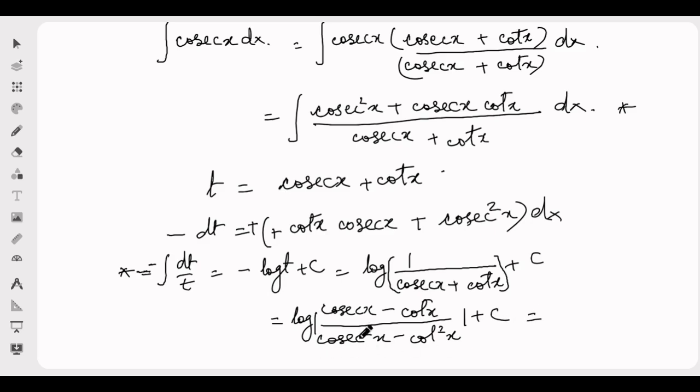Now cosec square x minus cot square x is 1. So you will get log of cosec x minus cot x plus constant of integration. This again we are writing in absolute value because logarithm of a negative number is not defined.